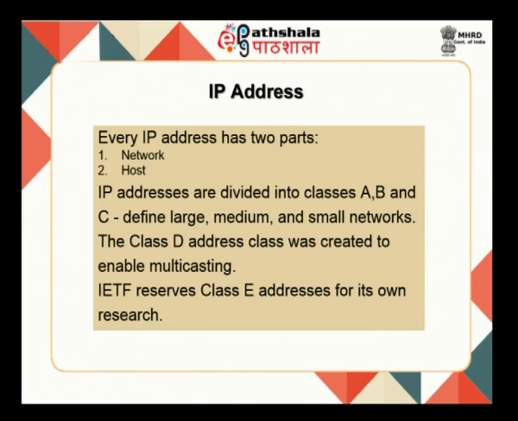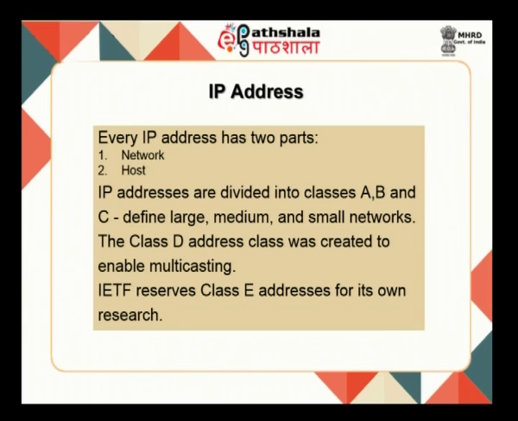The IP addresses are divided into different classes called A, B, C, which we can define as a large network, medium network or small network. There are 2 other classes called class D and class E. Class D addresses were created to enable multicasting, and the IETF reserves class E addresses for its own research.